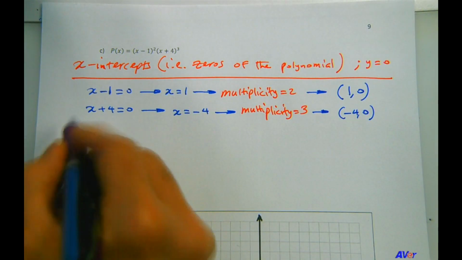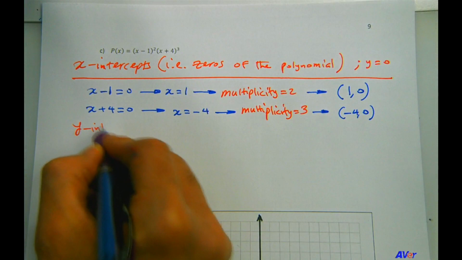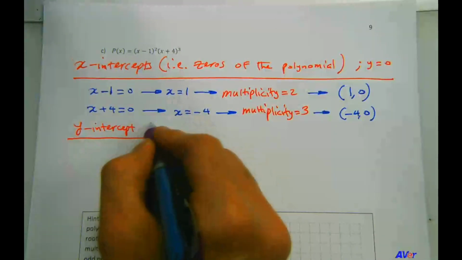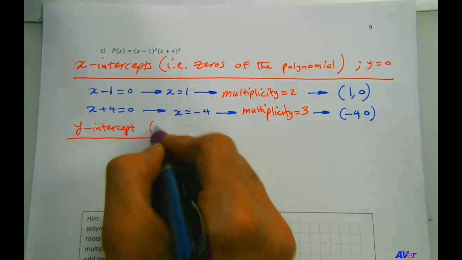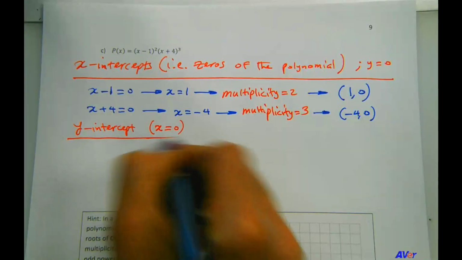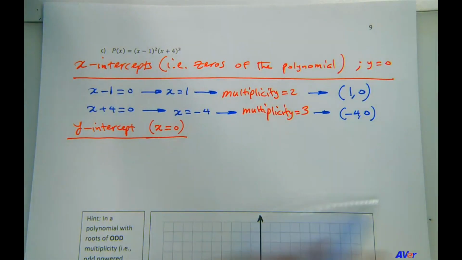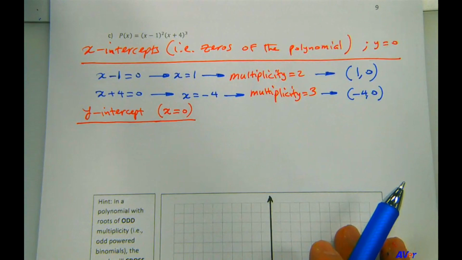Okay, so the y-intercept, this is when x equals 0, right? Let's replace x with 0 and find the value of y.